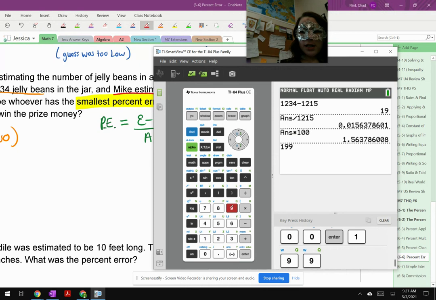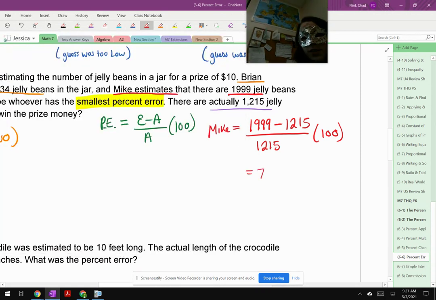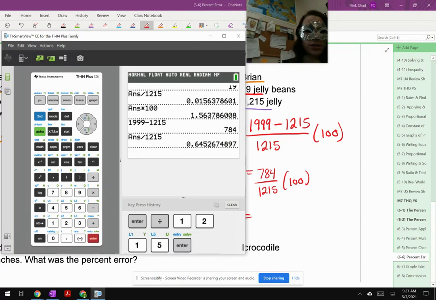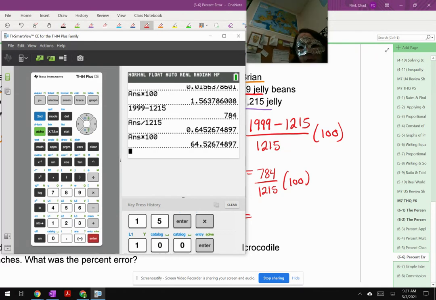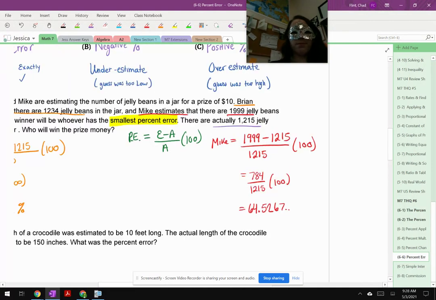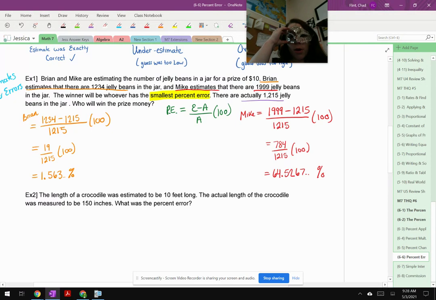So 1,999, another 9, minus 1,215 is equal to 784. 784, divide by 1,215, times 100 is equal to 64.5267%.